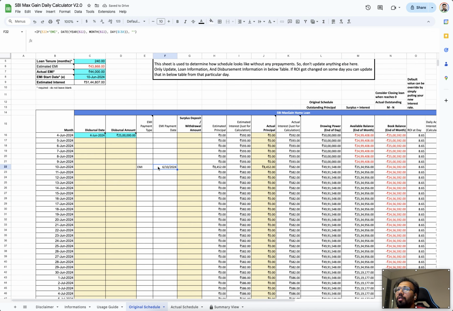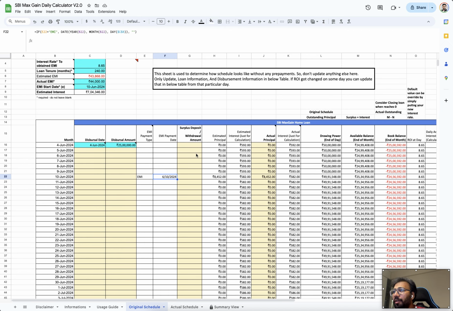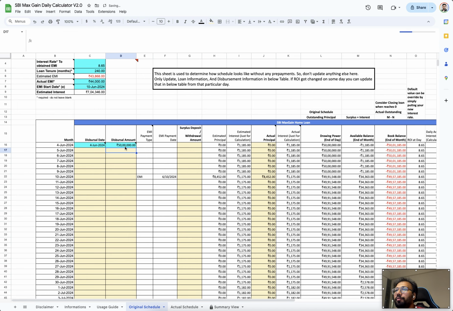So this is how we see the EMI date. Now this is the very important column. This is the surplus deposit or the withdrawal amount, right? The additional amount that we are parking for this account on a particular date is what we are going to put here. So for example, we got a disbursement of the full amount here, correct?